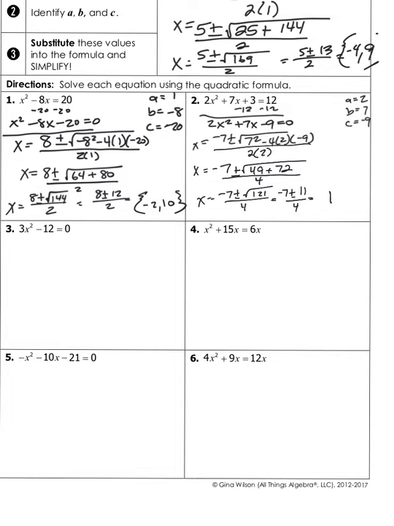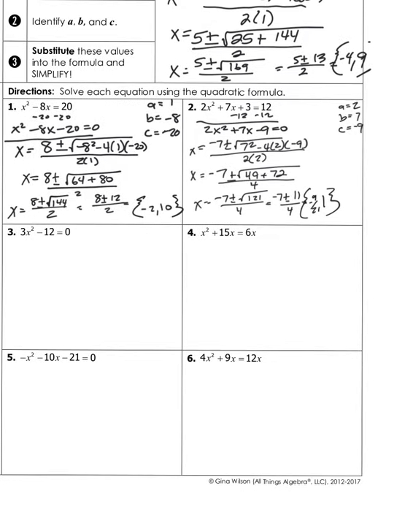And negative 7 minus 11 is negative 18 divided by 4, which is negative 9 halves. So the solutions to this equation are negative 9 halves and 1.